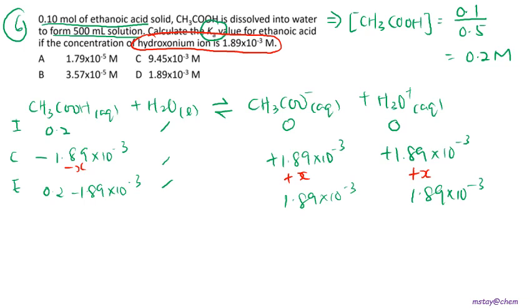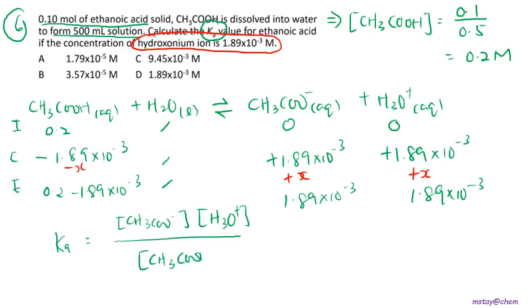After we have the ICE table, then we will be able to write the Ka expression, which is concentration CH3COO negative multiplied with concentration H3O plus divided by the concentration of CH3COOH.